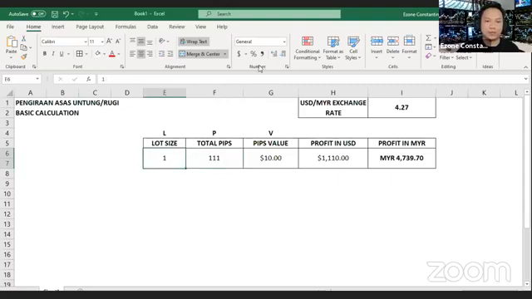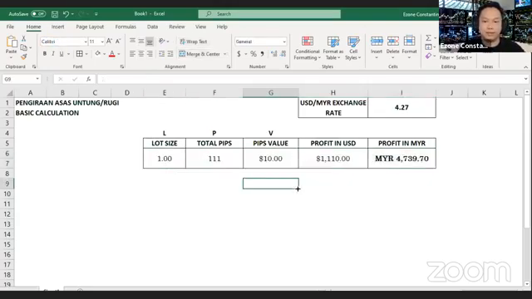This pip count is the most important: how many pips you managed to collect. Your pip value as standard is $10. So if you're trading one lot, you are making a profit of $1,110. I changed this into Century Gothic so you can see better.